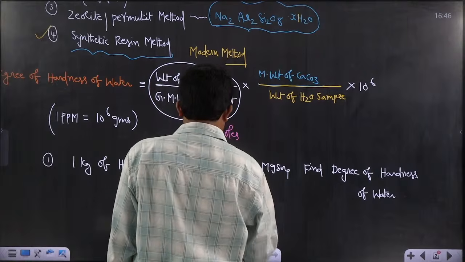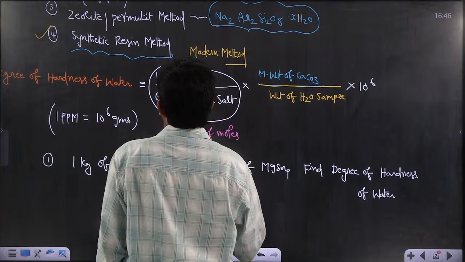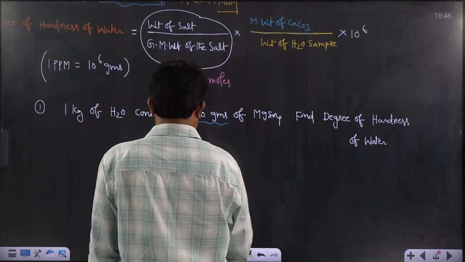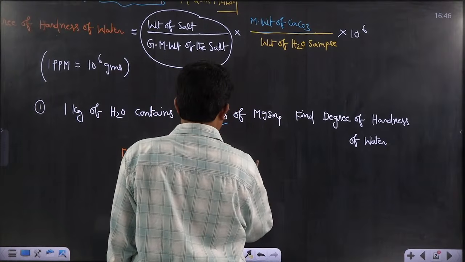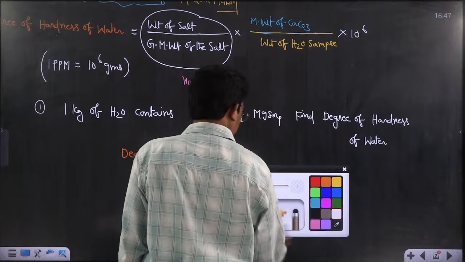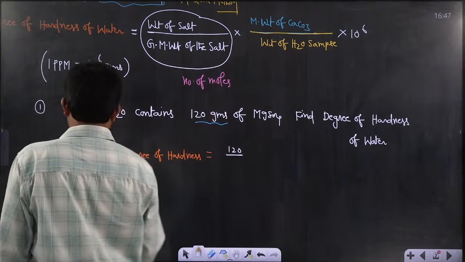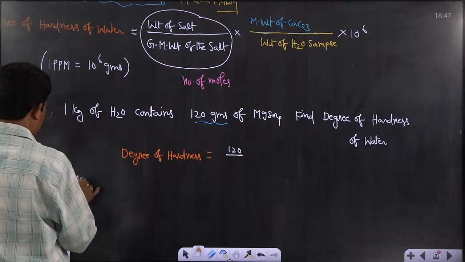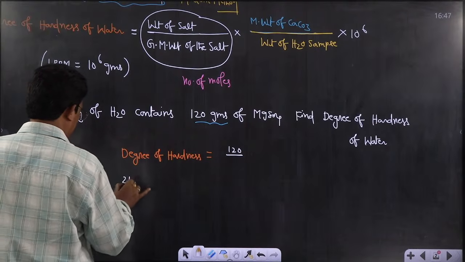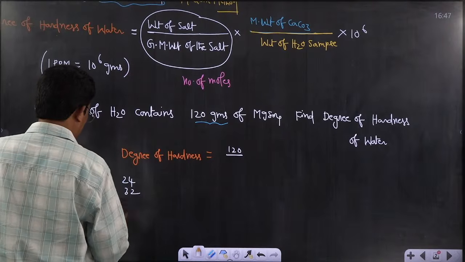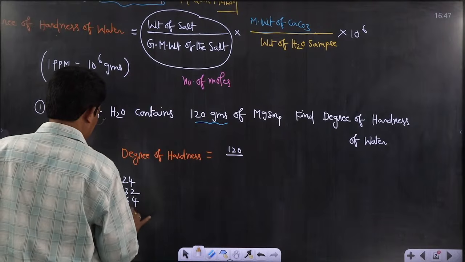Salt weight is given as 120, divided by the molecular weight of magnesium sulfate, MgSO4. Magnesium 24, sulfur 32, 4 oxygen 64.